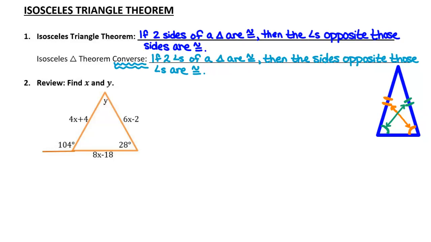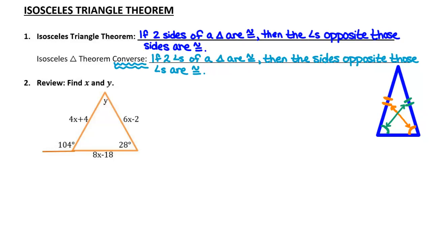Do we know anything about sides being congruent so that I could set some expressions equal? Not just do they look like they're the same size, do we know they're the same size? No. Remember, we can't go based on the picture because some people are really bad artists, including in your book. So we can't just go based on the way it looks. We have to know for sure. It would have to have congruence marks or they would have to tell us.